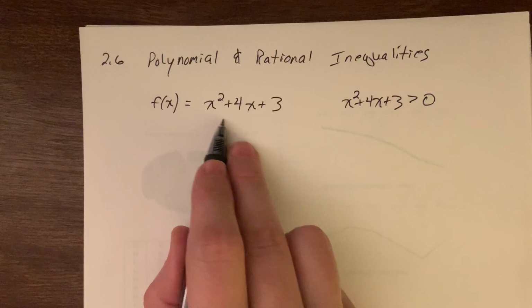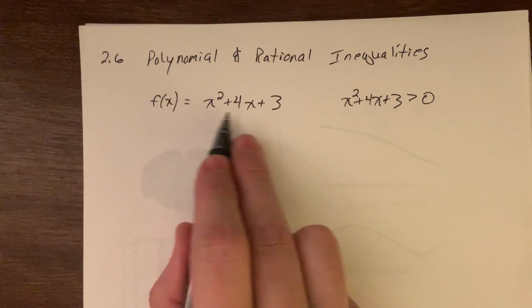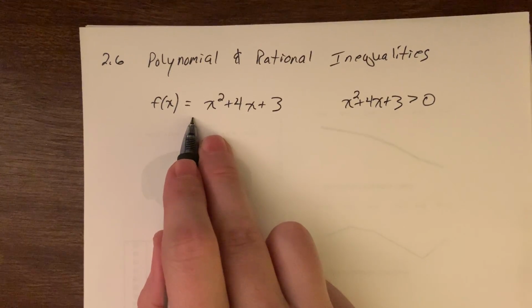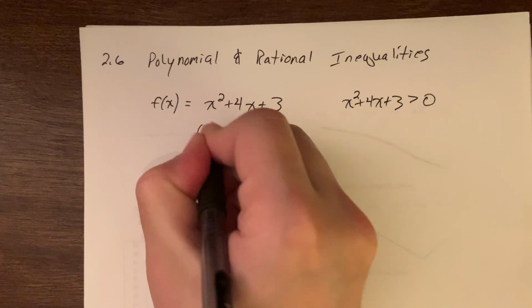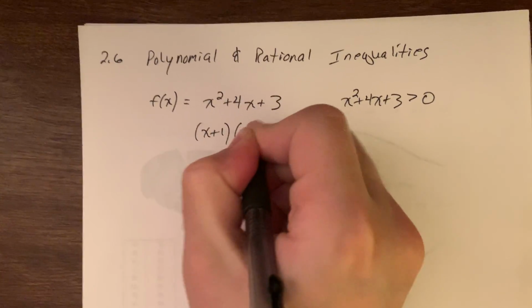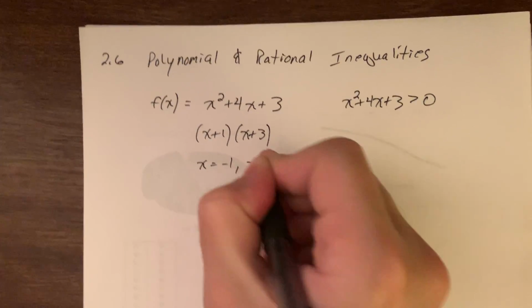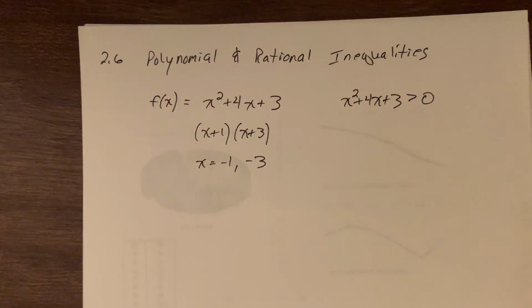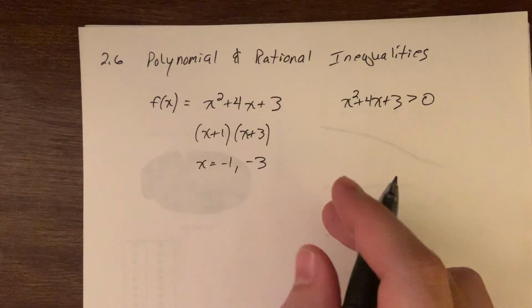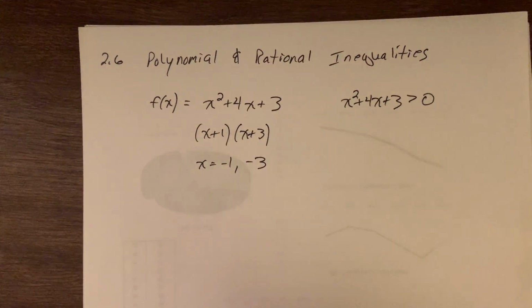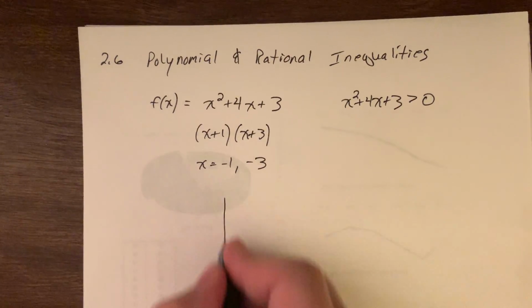We know this is a quadratic. The positive x squared tells me about its end behavior. If I factor, I could end up figuring out that both -1 and -3 would be the zeros. So (-1, 0) and (-3, 0) would be the x-intercepts.